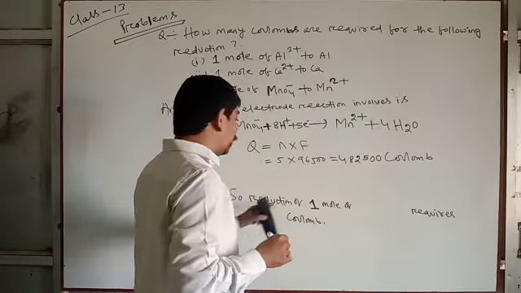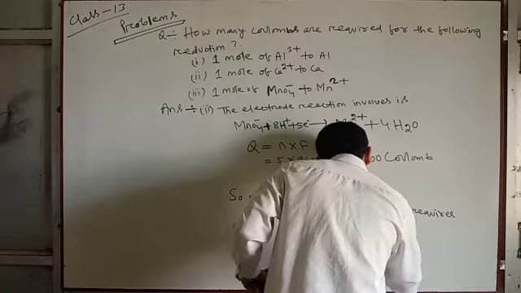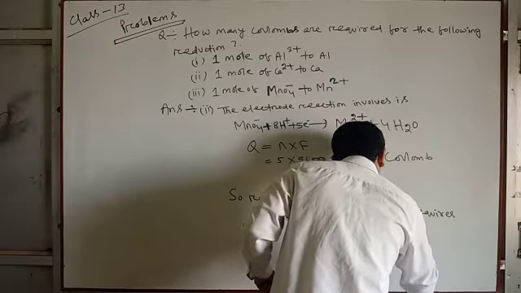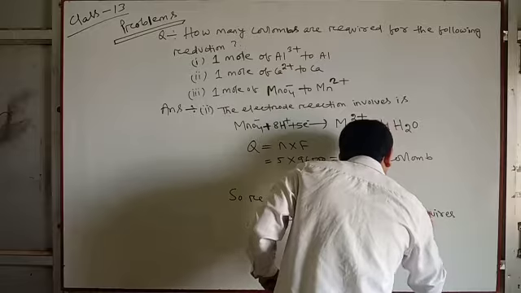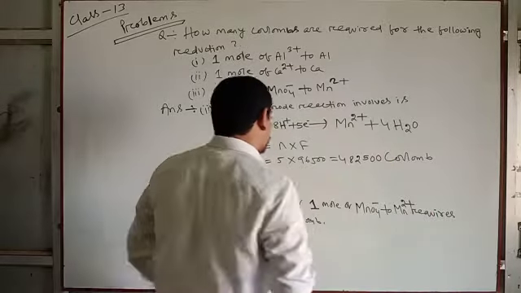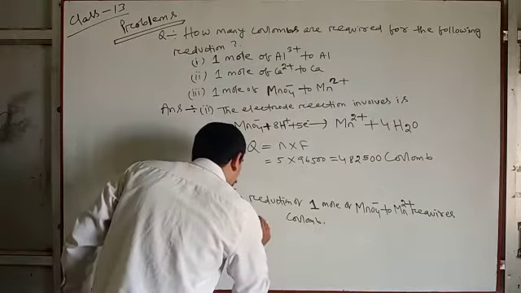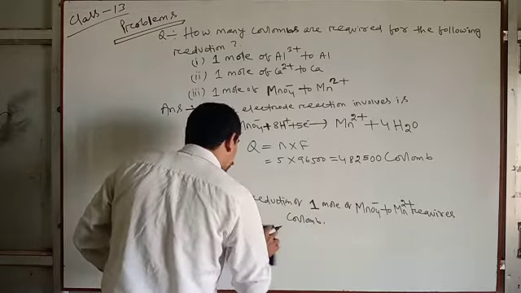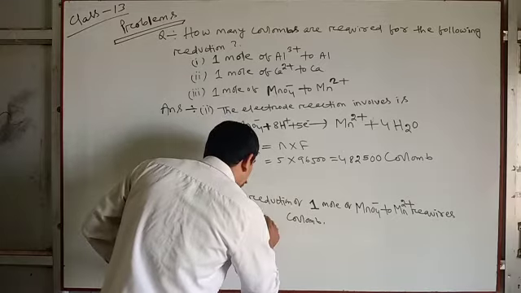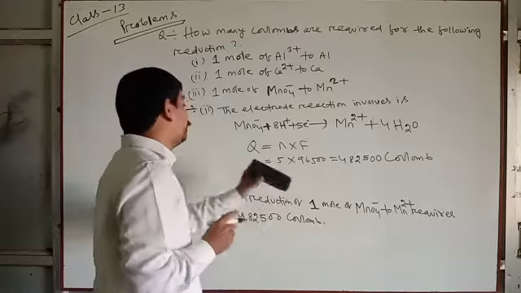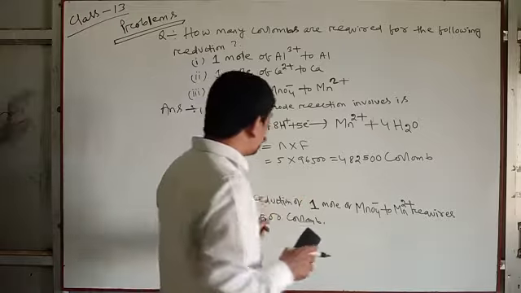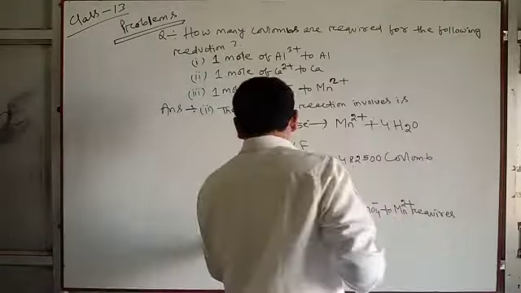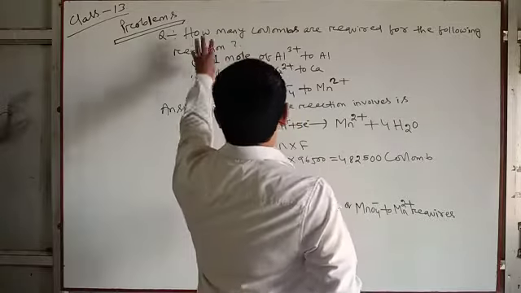So reduction of 1 mole of MnO4 minus to Mn2+ requires 482,500 coulomb. So this is the answer.